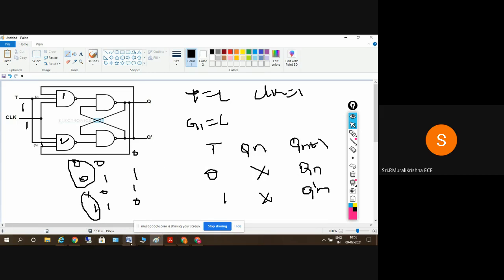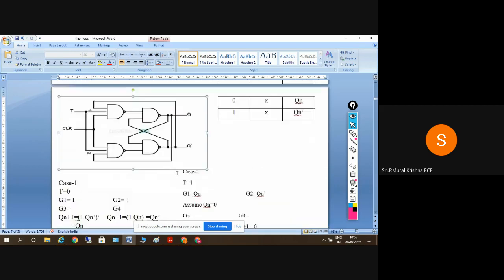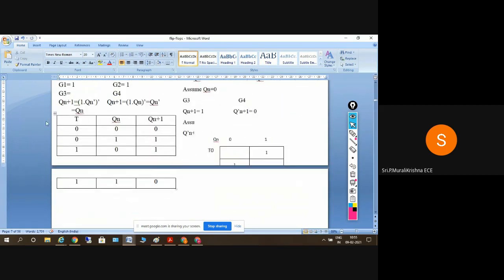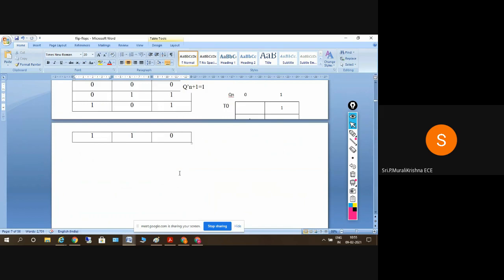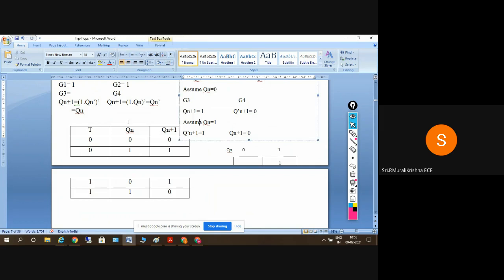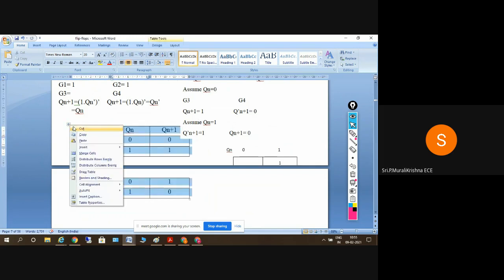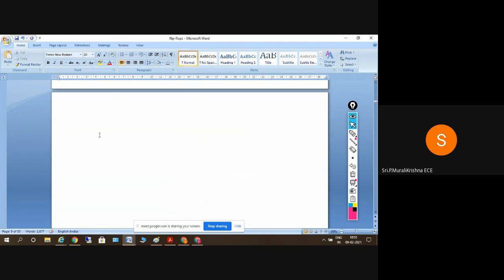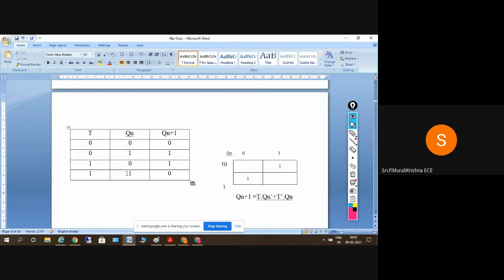You can check here. And this is the K-map here. So take down that K-map and truth table.